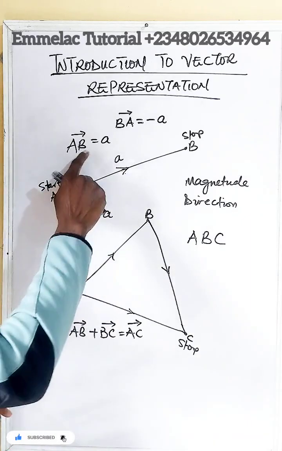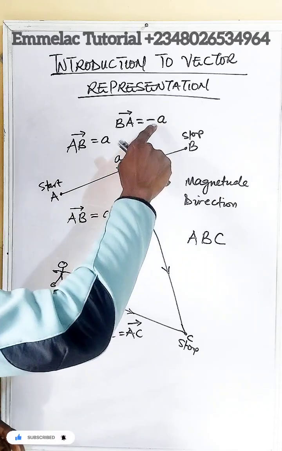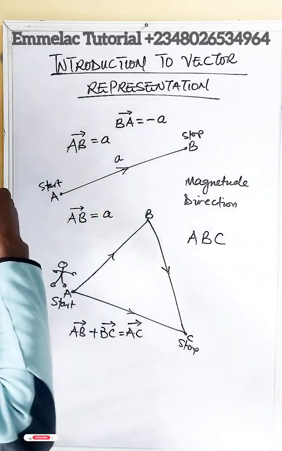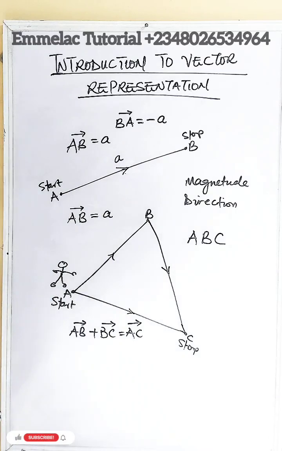They have the same magnitude, which is A and A, but different direction, which makes this negative A.